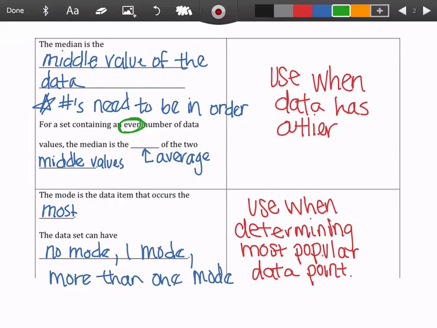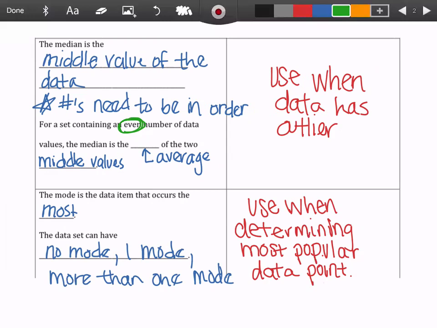And then we have the last one, which is the mode. The mode is the data item that occurs the most. Some people look at that and say mode, most, mode, most. That connection allows you to remember that mode is always talking about the data item that occurs the most.